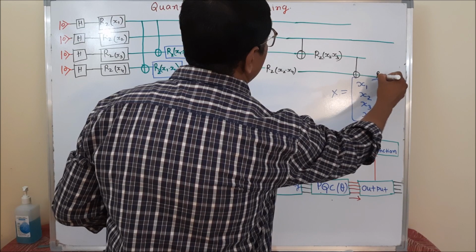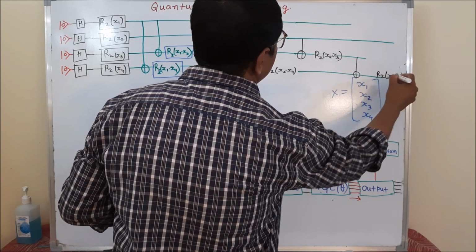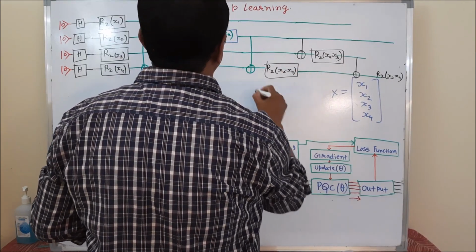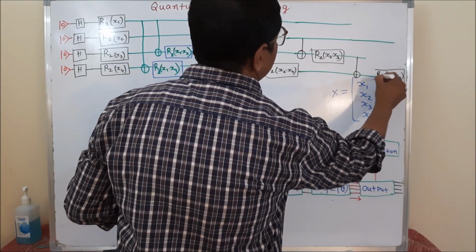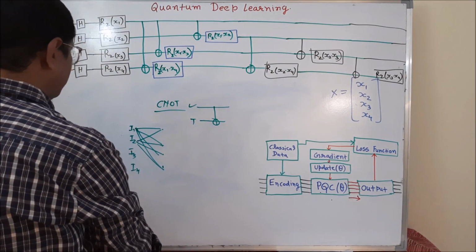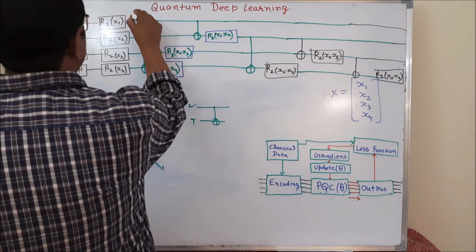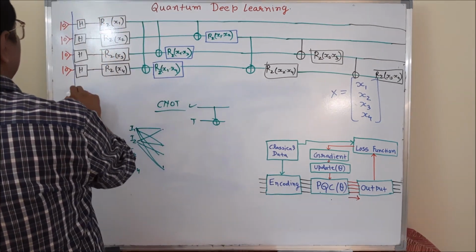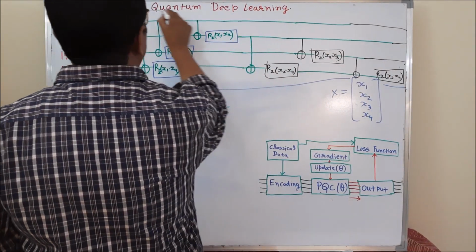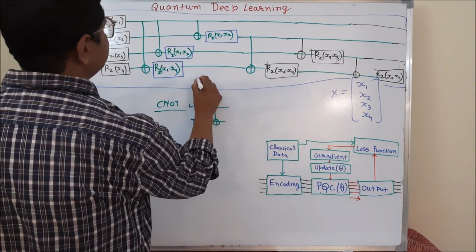Here again I will change RZ, x3 dot x4. So this is another gate, this is another gate, this is another gate, and the data will go. This complete part is known as encoding.